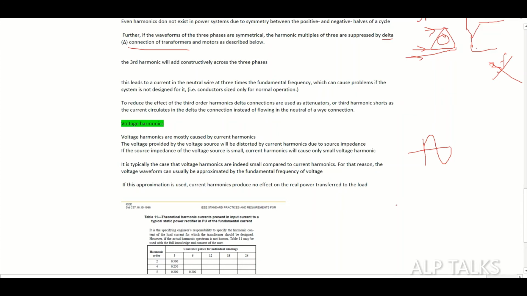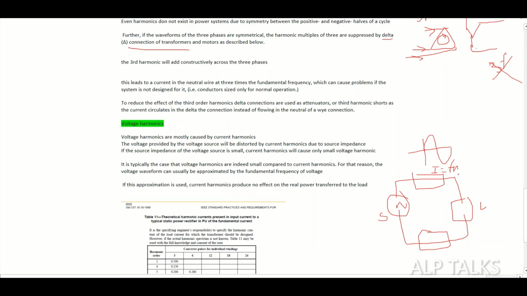But due to the load we are connecting to the supply, say this is the load and this is the source, whatever the impedance or devices are there, there is a chance of the current carrying different harmonics. That's what we discussed. Non-fundamental frequency current it may carry.